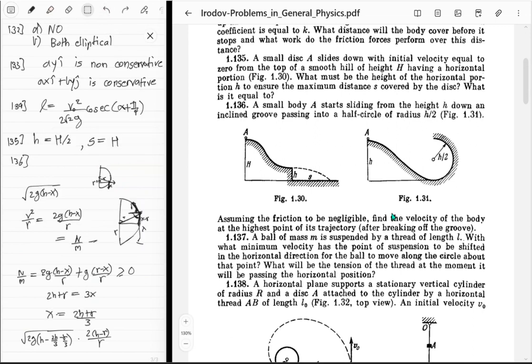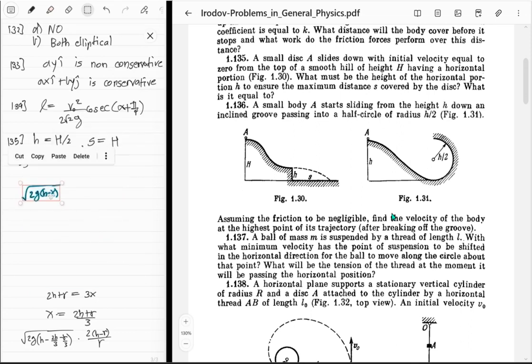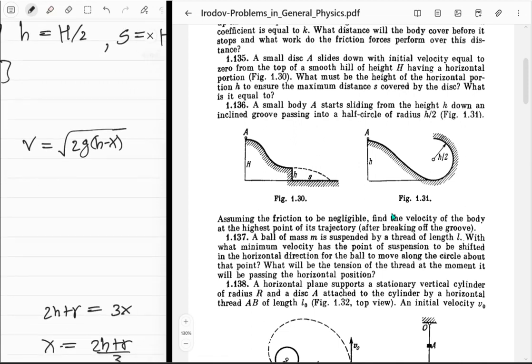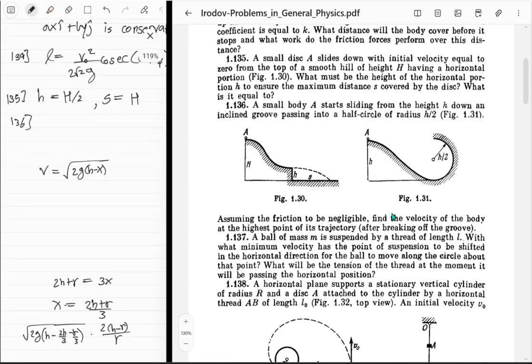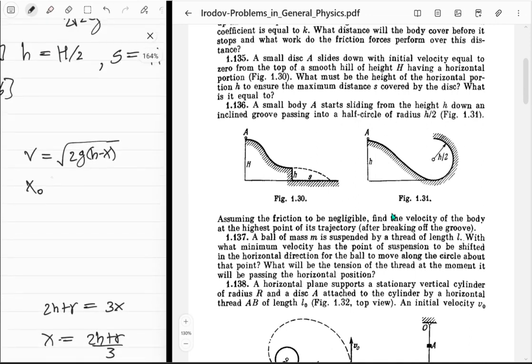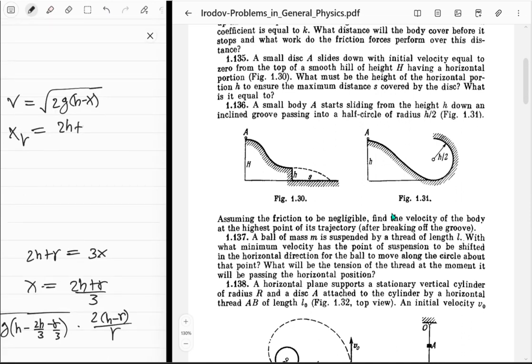Or you know what? Let's just leave some parts right there because who knows, we might need them later on. Okay, all of that. So we'll just have the speed at any inclination, at any height x, be this thing. x of braking, let's call this xb, is (2h plus r) upon 3.